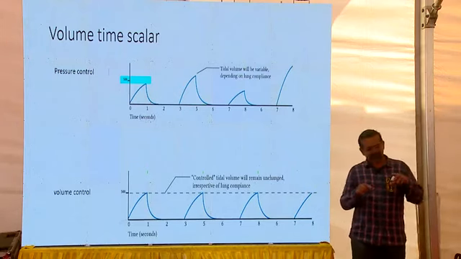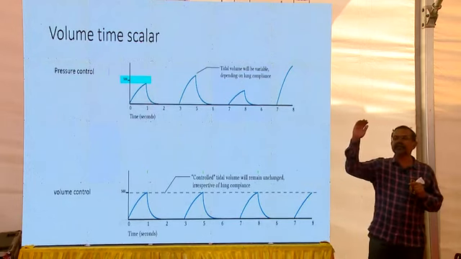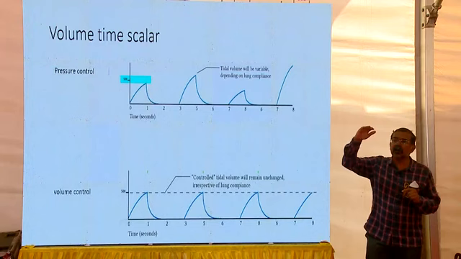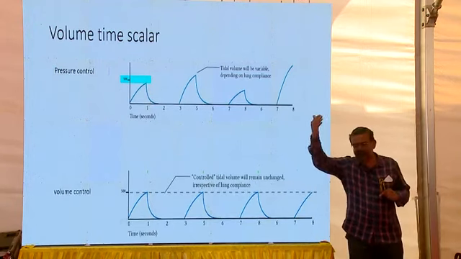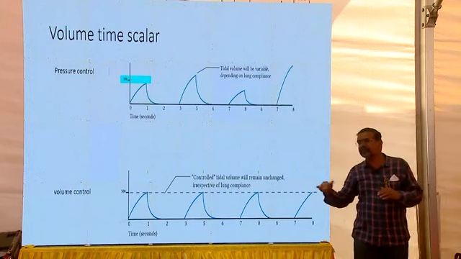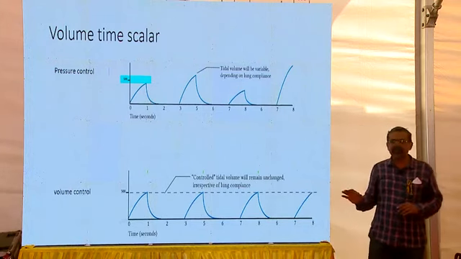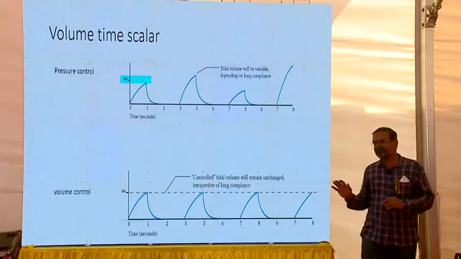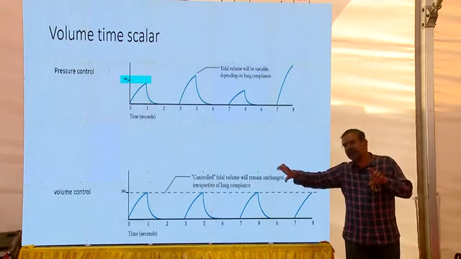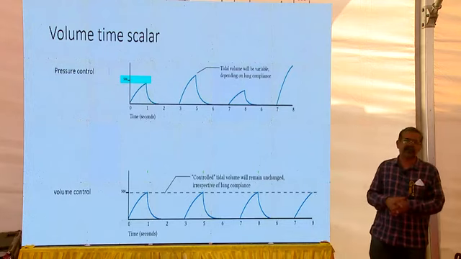Now inspiration will continue till 15 is achieved, and at that time it won't allow pressure to cross 15. This can be achieved with various volumes. Volume will change, pressure won't change. This is pressure. Volume targeted, not limited, volume targeted. So the same volume will be given, but with variable pressures.